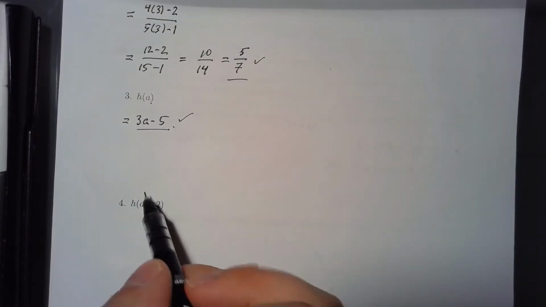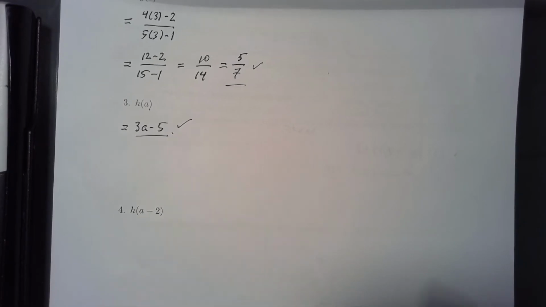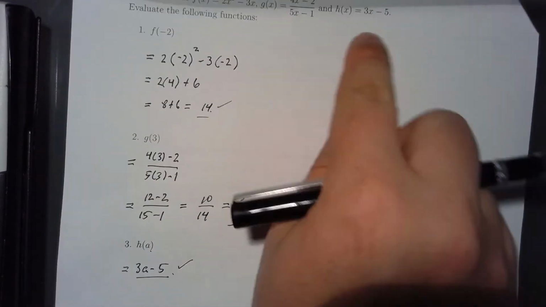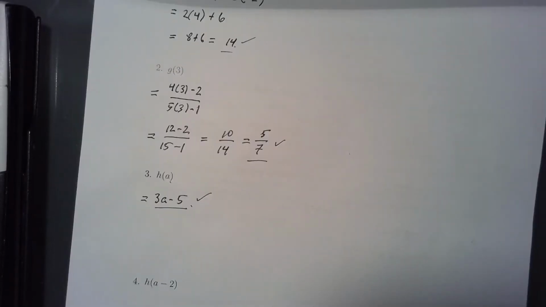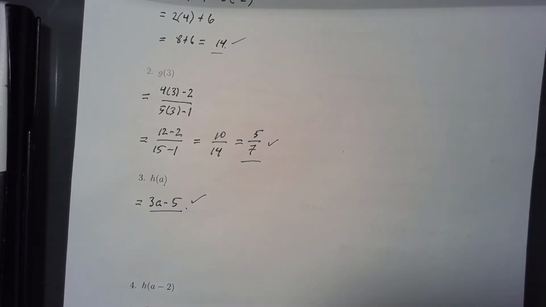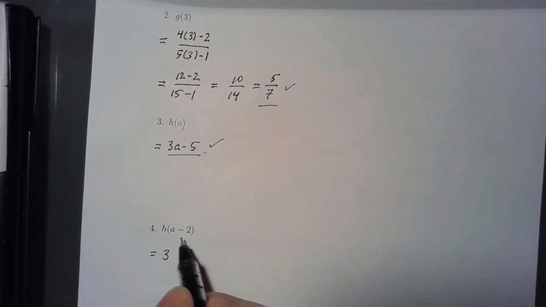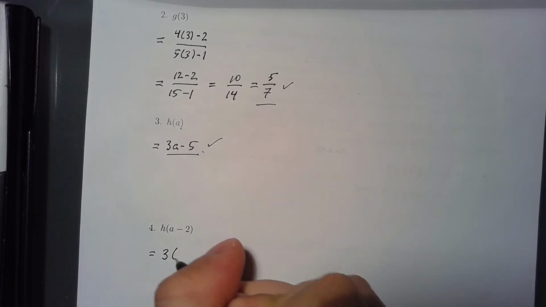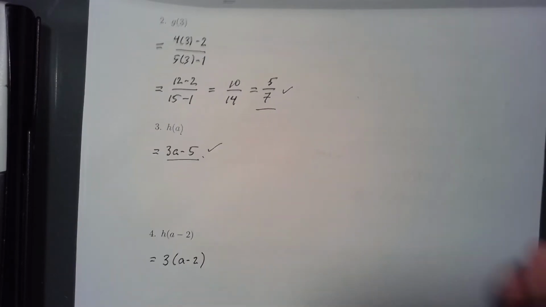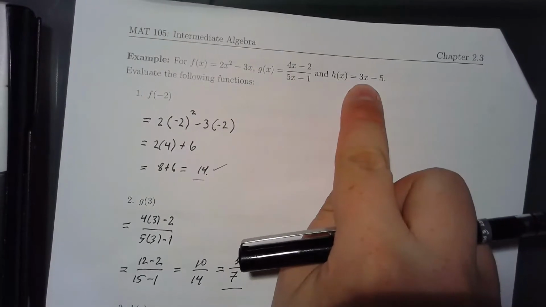Again, here I'm plugging in the expression a minus 2 into h, which was 3x minus 5. So it's going to be 3 times my input. What's my input here? A minus 2. So it's going to be the quantity a minus 2 in place of x, and then minus 5.